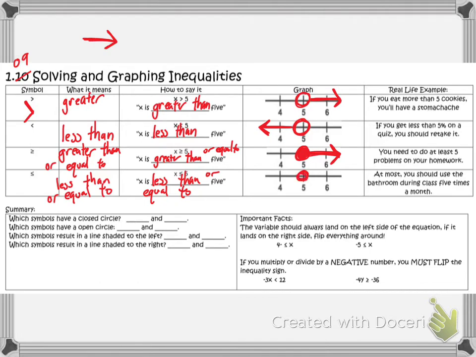I'm going to go ahead and fill in the 5 because you have that equal sign. If we have that equal sign, that means that it will be filled in. And I will go ahead and draw the arrow to the left. So any number equal to or less than 5. So at most, you should use the bathroom during class is 5 times a month. So that means you should use it 5, 4, 3, 2, 1, or 0.